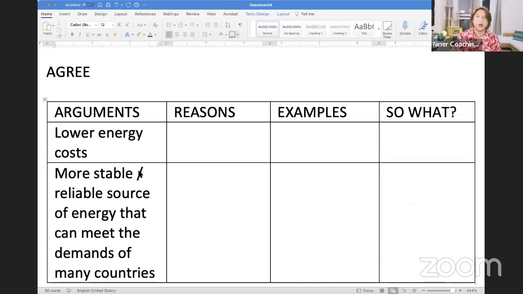All right, so let's start with lower energy costs. Why will your energy cost be lower if you're using nuclear energy? Why is it possible for countries, or in particular power companies or electric companies, to lower the cost of energy that they're distributing to the public?